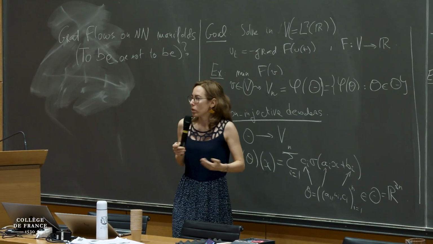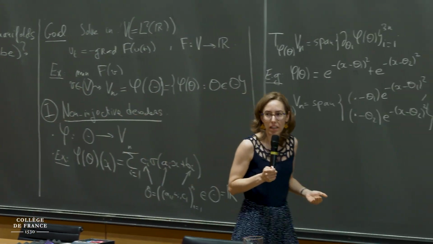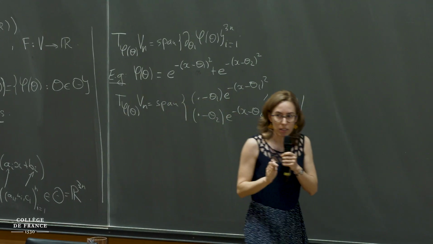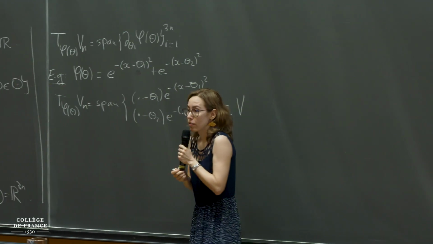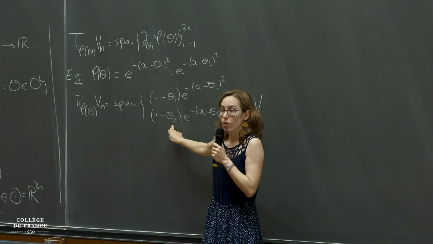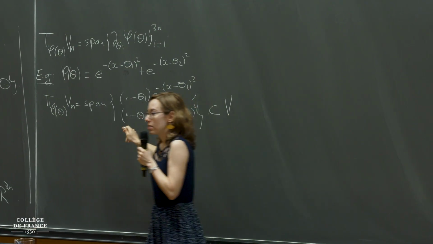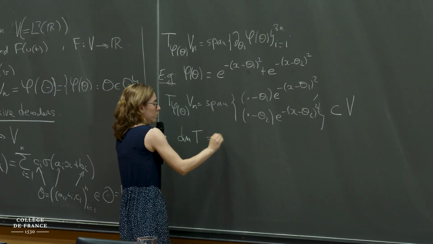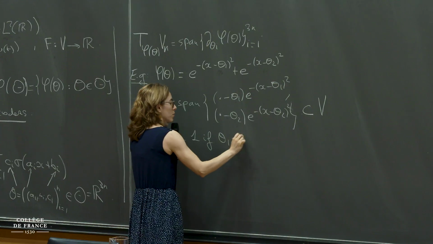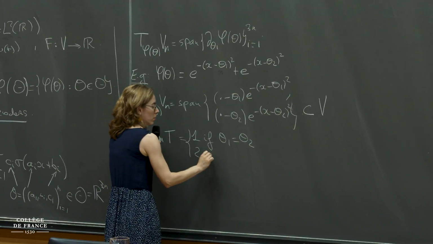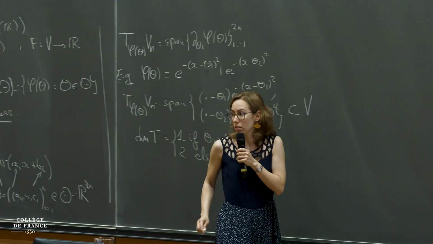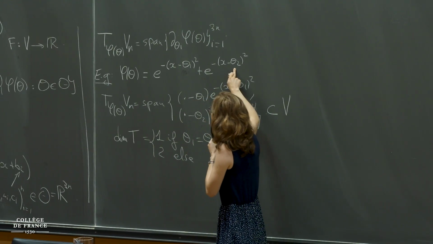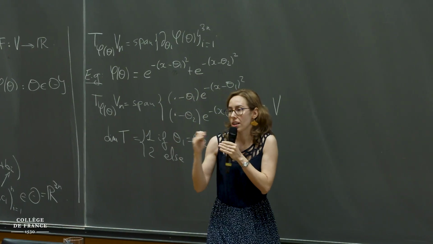Now, what is the dimension of this space? This space, by the way, is included in my ambient space. Well, when theta 1 is equal to theta 2, this is going to be a space of dimension 1 only, and 2 otherwise. This is because when theta 1 is equal to theta 2, I am essentially generating the same function.